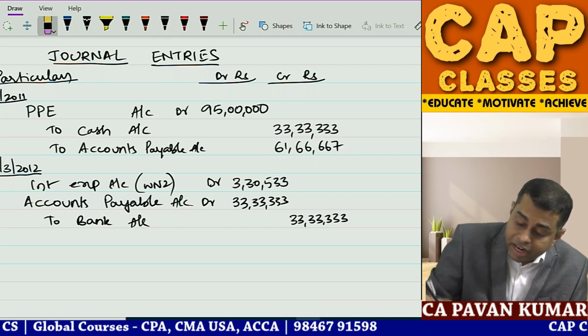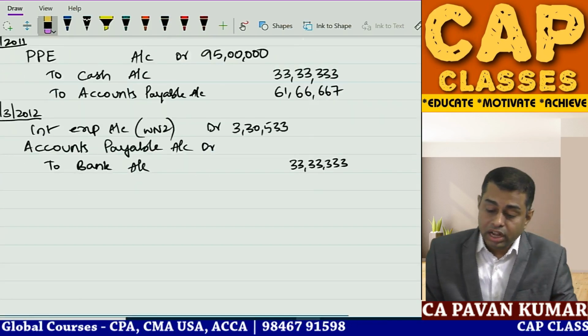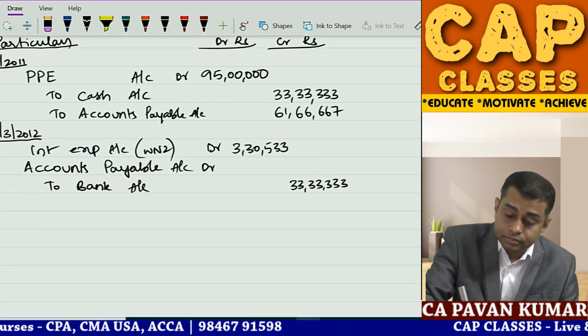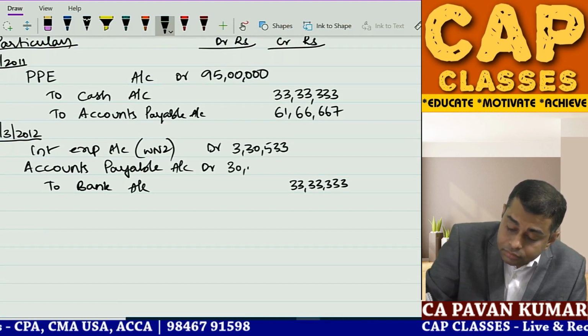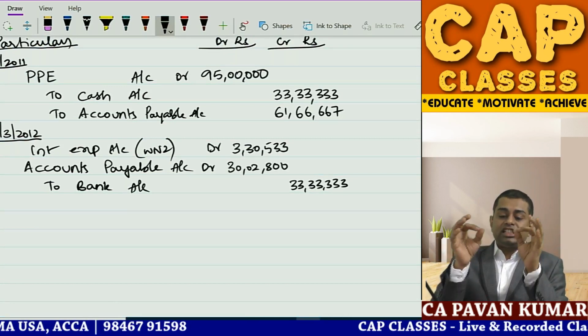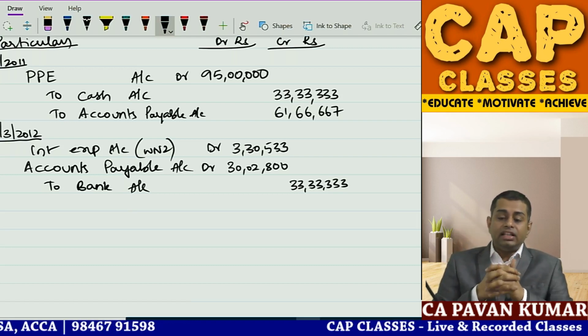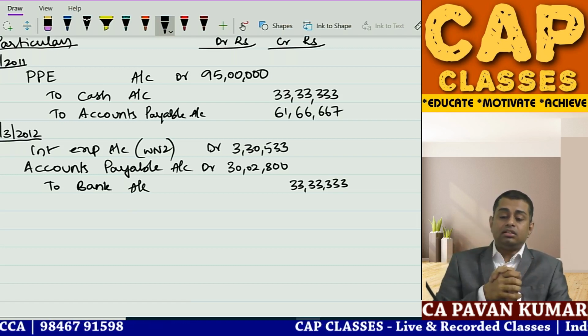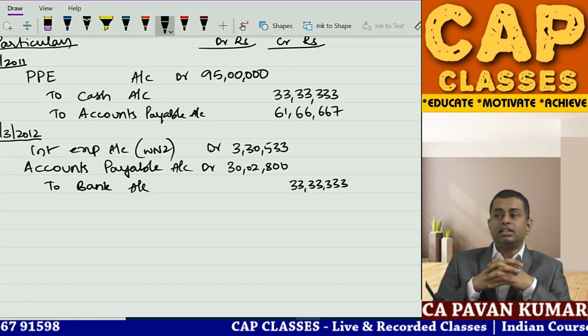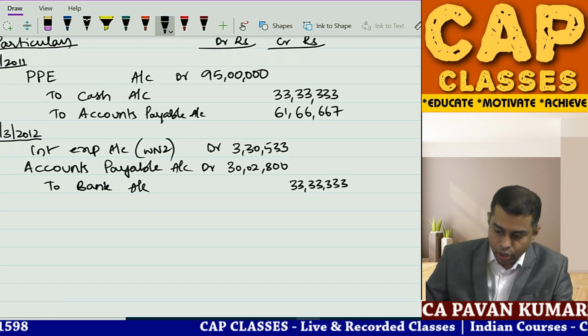Now accounts payable will not be this amount. Accounts payable, how much? 30,02,800. Now look at the journal entry. Interest expense account debit 3,30,533. Accounts payable 30 lakhs 2,800. To bank 33,33,333. You understand?